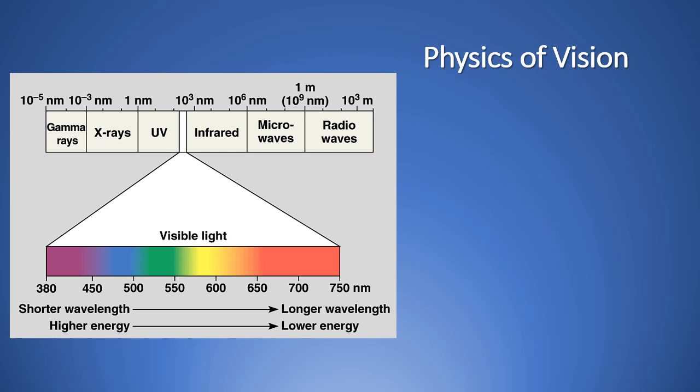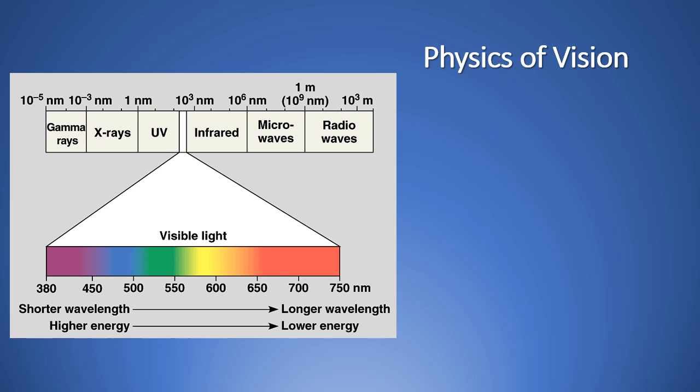As you can see there, the total range of waves, at least here on the Earth, would start with radio waves at the longest. They are 1,000 meters long, all the way down to gamma rays, which are measured in nanometers, in fact 1 in 10,000th of a nanometer.